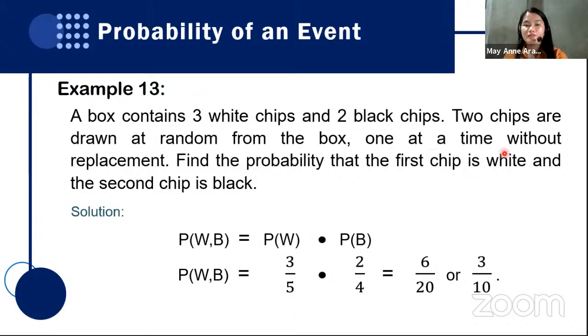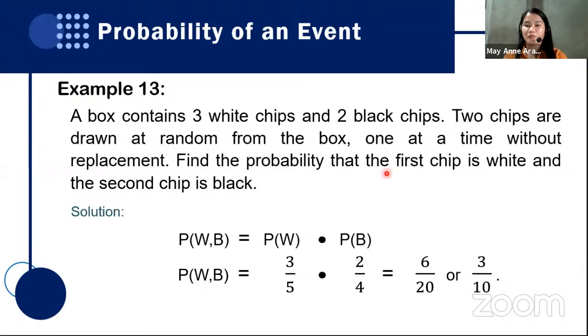Now, since we have here the words without replacement, that is the keyword na once na nakapag-draw na tayo ng first chip, mababawasan na yung number of chips inside the box. That's why, for the probability that the second chip is black, our denominator now, subtract tayo ng 1, no? Less than 1 na siya because nga, without replacement.